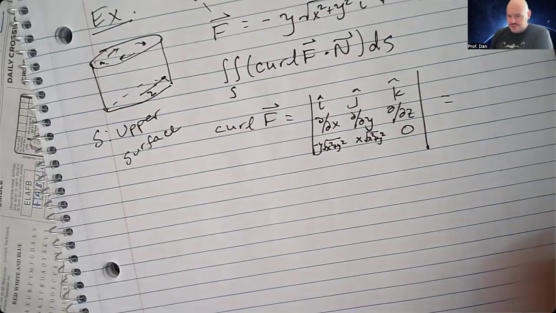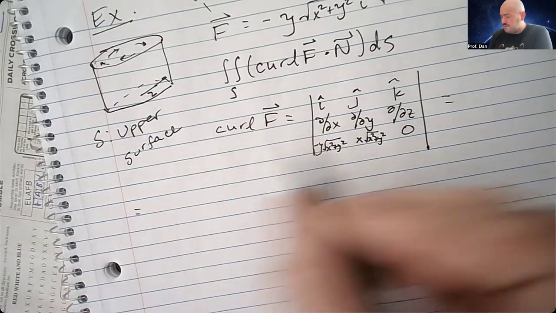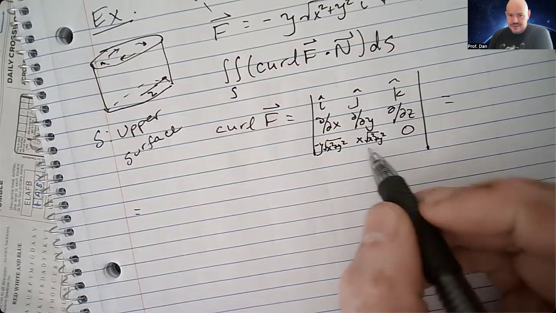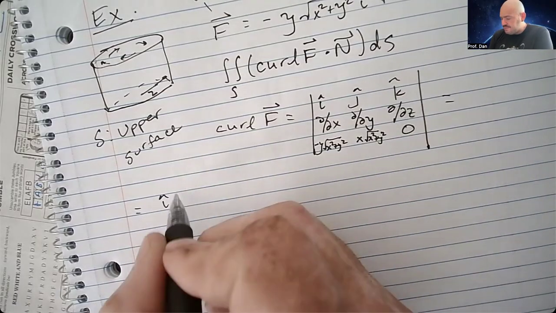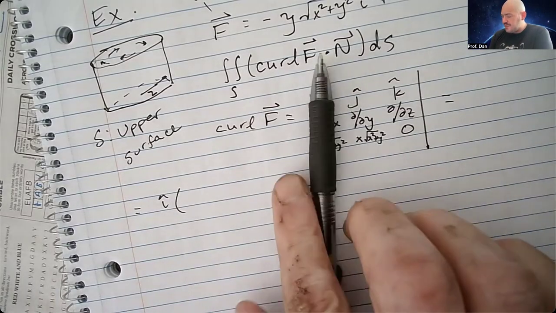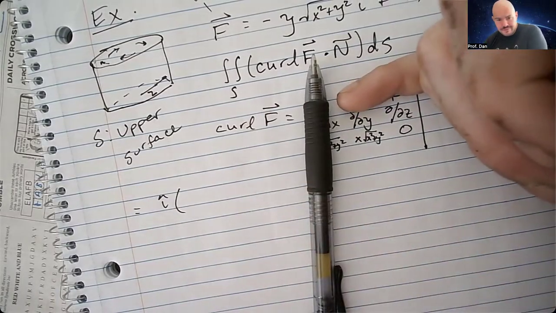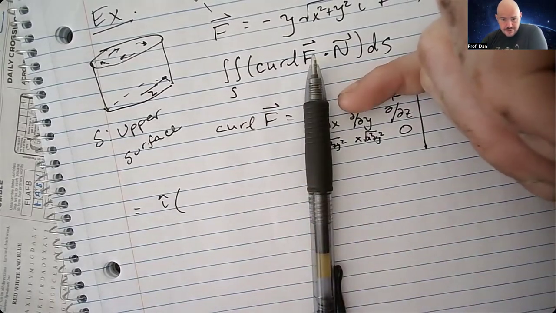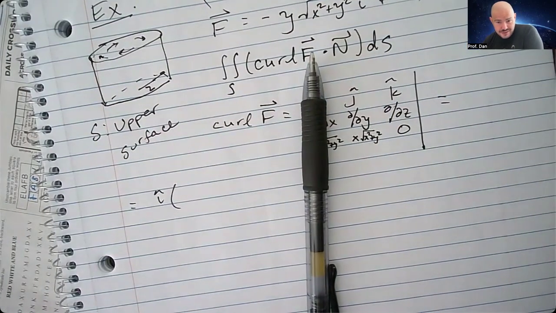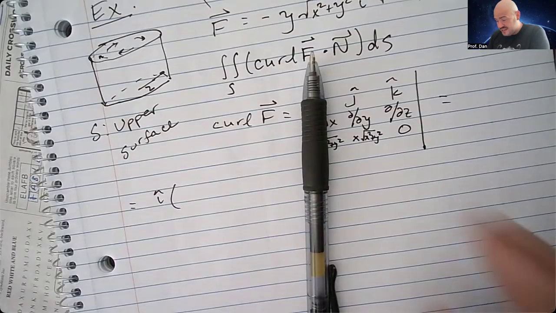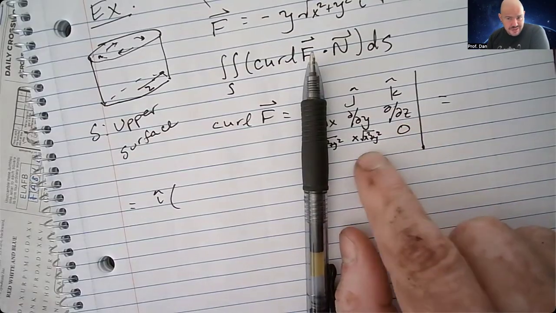This will turn out to be relatively simple because of how these look, at least for some of these. So for i, if you cover up that first column, first row, the derivative of 0 is 0. The derivative of x times the square root of x squared plus y squared with respect to z is 0, because there's no z in there.